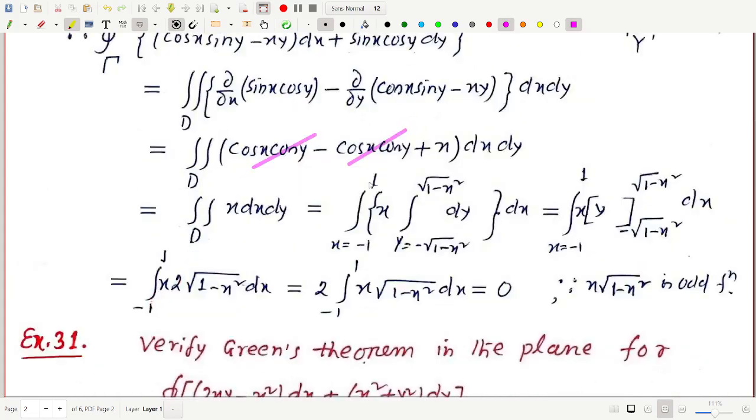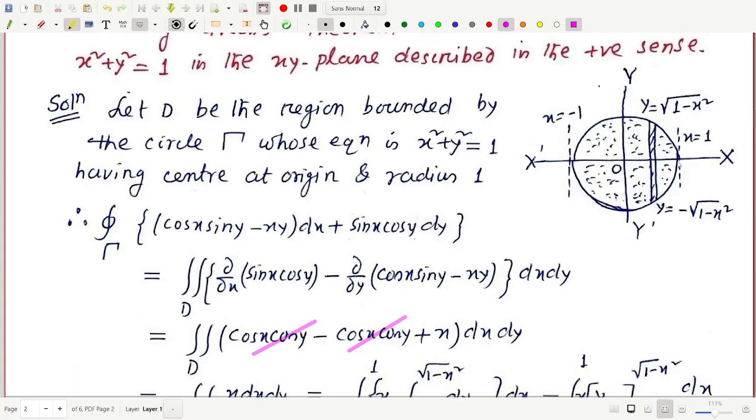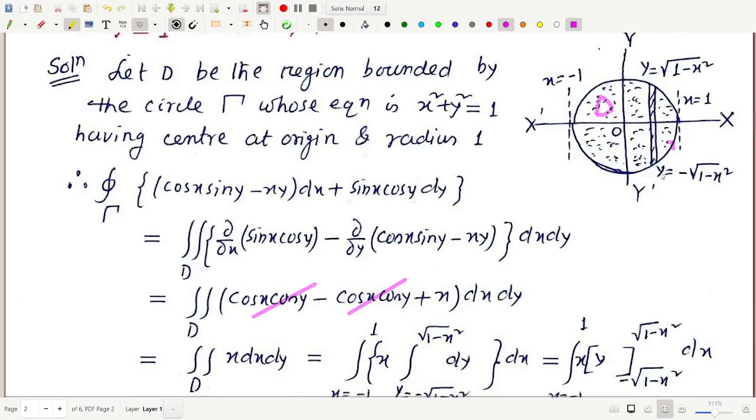And see this is the circular region, D is this region bounded by C. The circle is described in anti-clockwise direction, and this region can be described by strips parallel to y-axis from y equal to minus root over 1 minus x square to y equal to root over 1 minus x square.